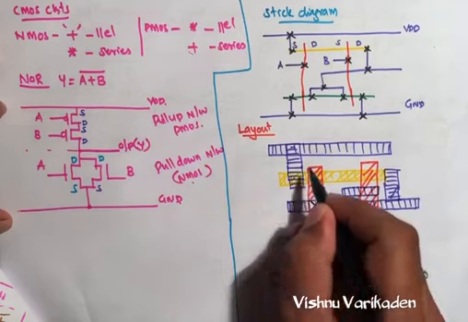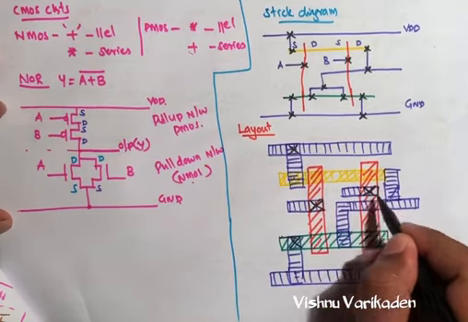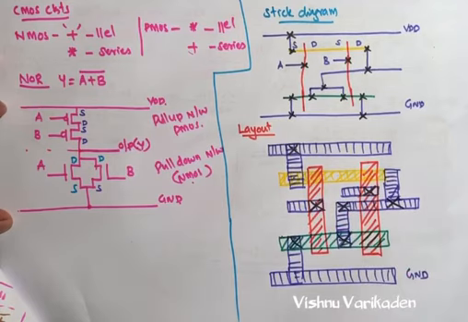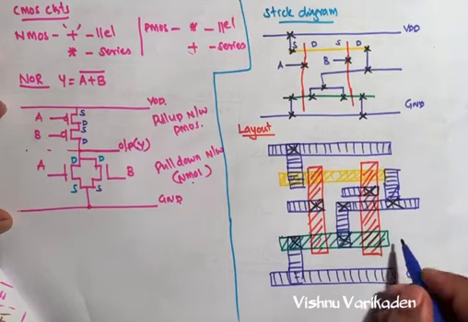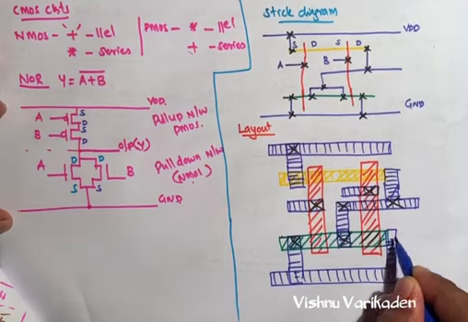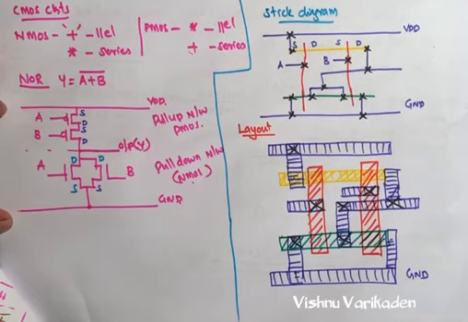So we can make the contact. Also there is a connection of this one to ground. This is our another contact.